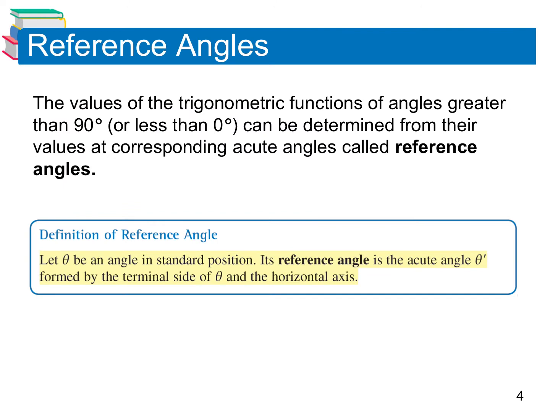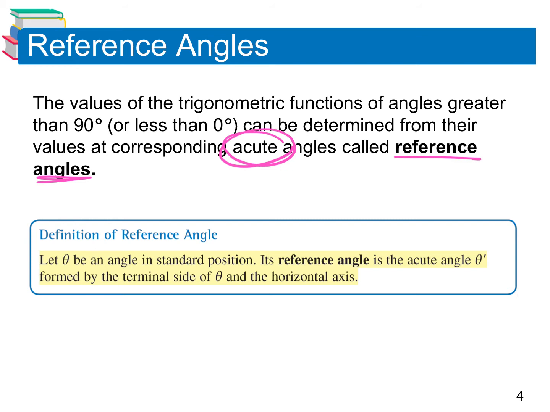Next thing we're going to have to find is our reference angles. The value of the trig functions of angles greater than 90 or less than 0 can be determined from their values at corresponding acute angles called reference angles. So reference angles have to be acute. Let theta be an angle in standard position.